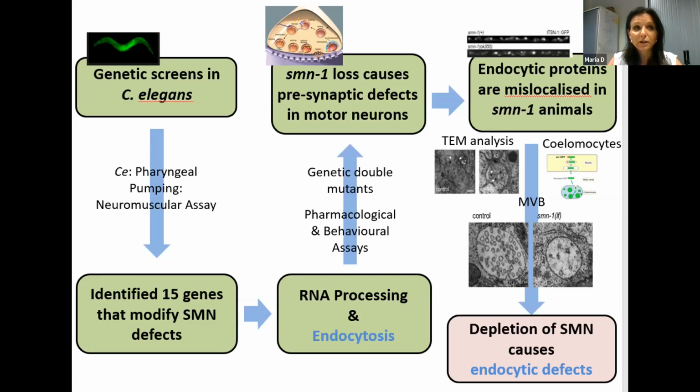Imagine a plate that has 96 holes, a 96 well plate, and you can put a single drug in each of these wells, and a single worm. Worms swim in liquid, which is another neuromuscular assay that we use. If the worm has a phenotype where it doesn't swim well, you can immediately have a quick readout and see which of these 96 drugs can make the worm swim better.